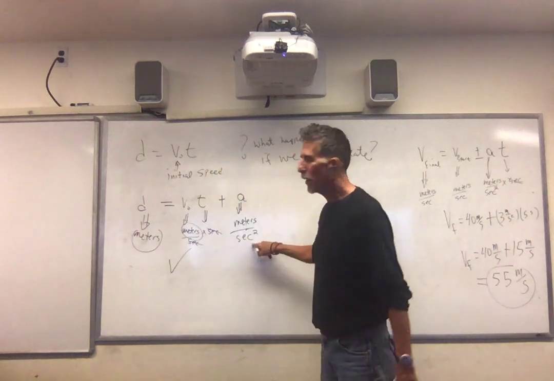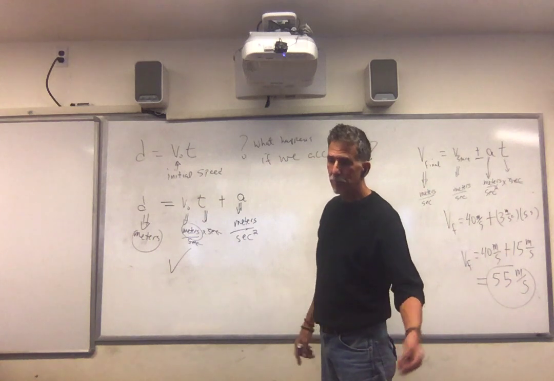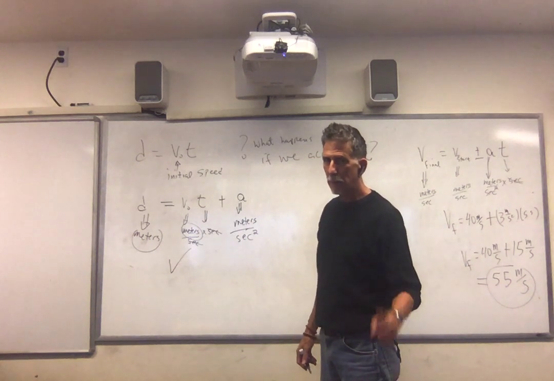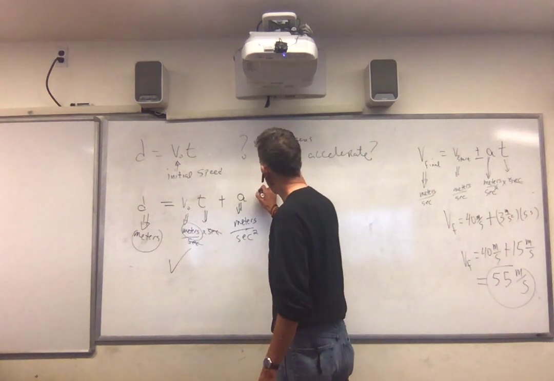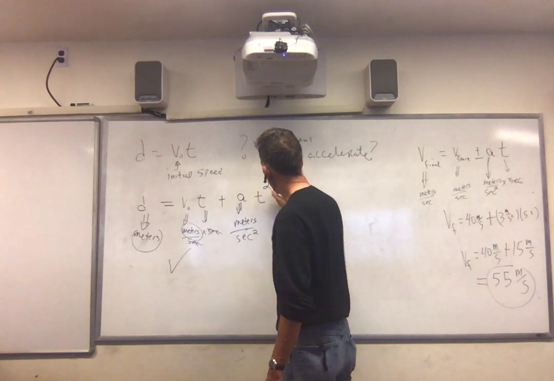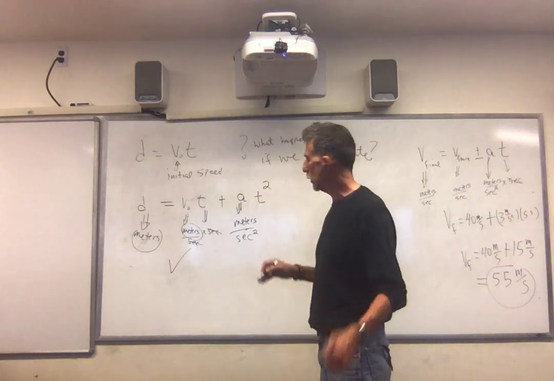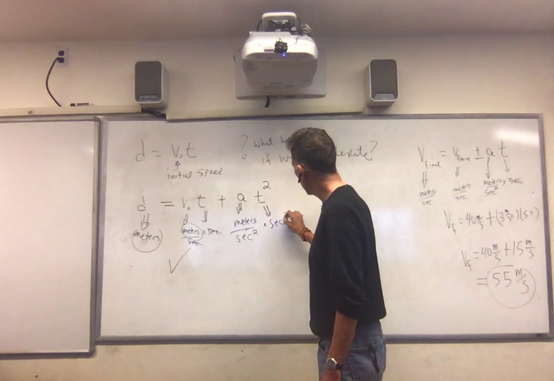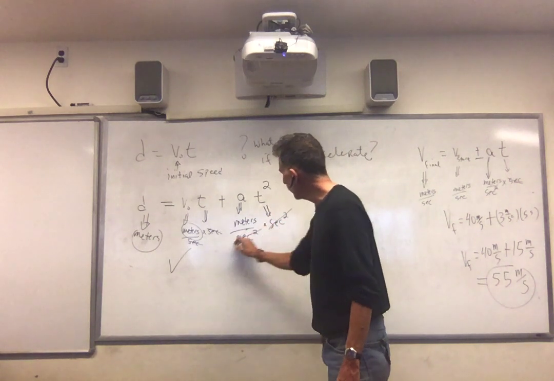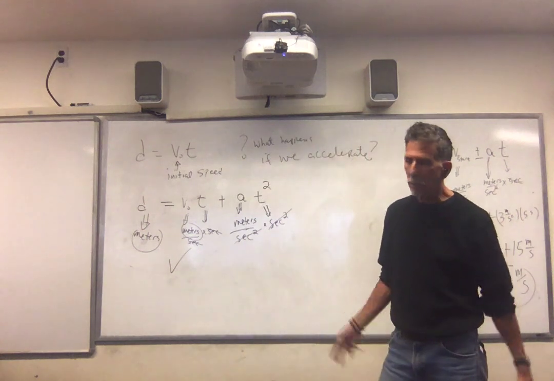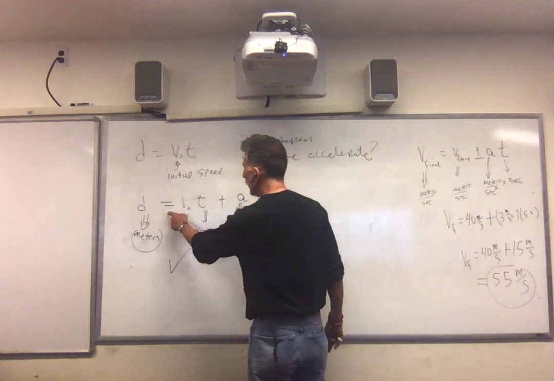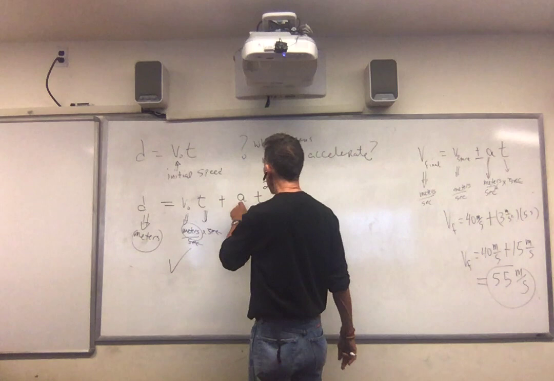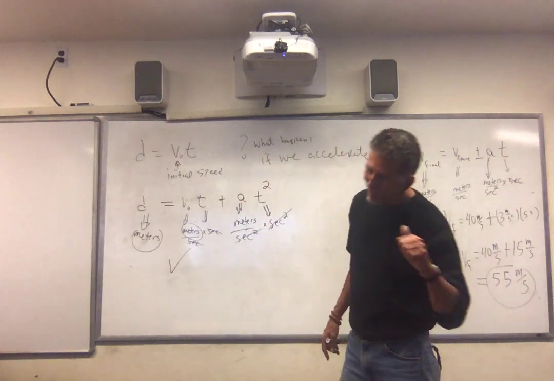So how do we get rid of seconds squared? Got it? It's not that hard. If we multiply this by t squared, remember time is seconds. So when you square it, you get seconds squared. So that goes out with that. So initially, the distance is V0t plus AT squared. Wow.